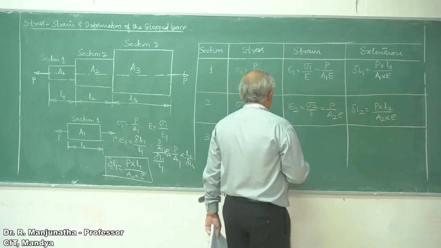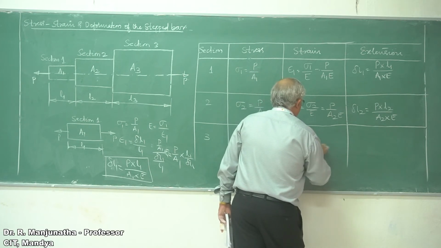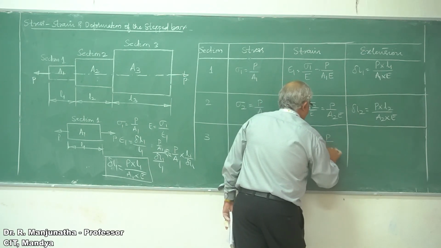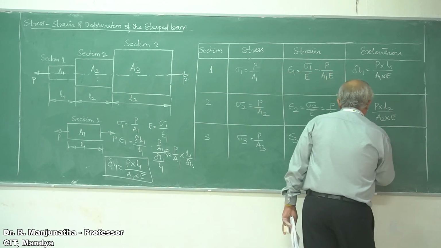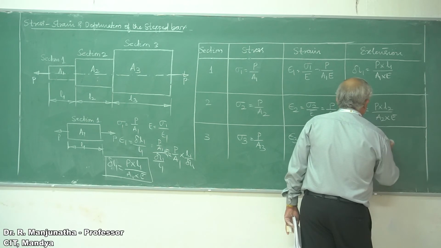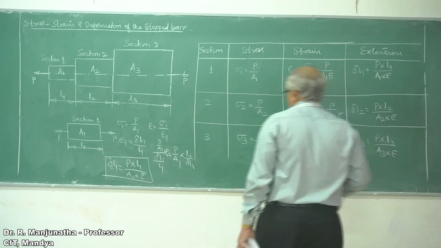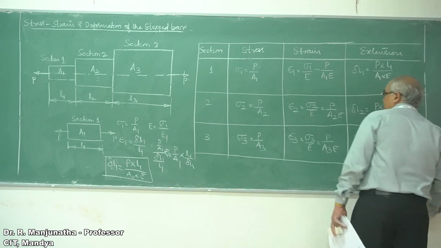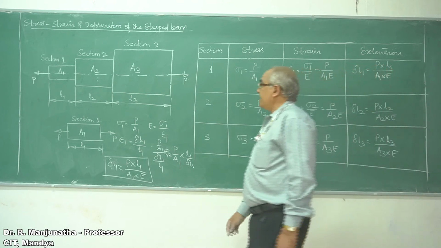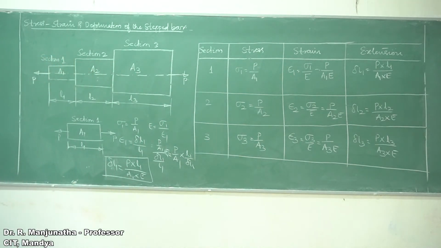Then epsilon 3 is given by sigma 3 by E, which is P by A3 into E. Again delta L3 is given by P into L3 by A3 into E. So this is the third expression. So this is how we will be able to find out the stress, strain and the deformation of the stepped bar for an individual section.